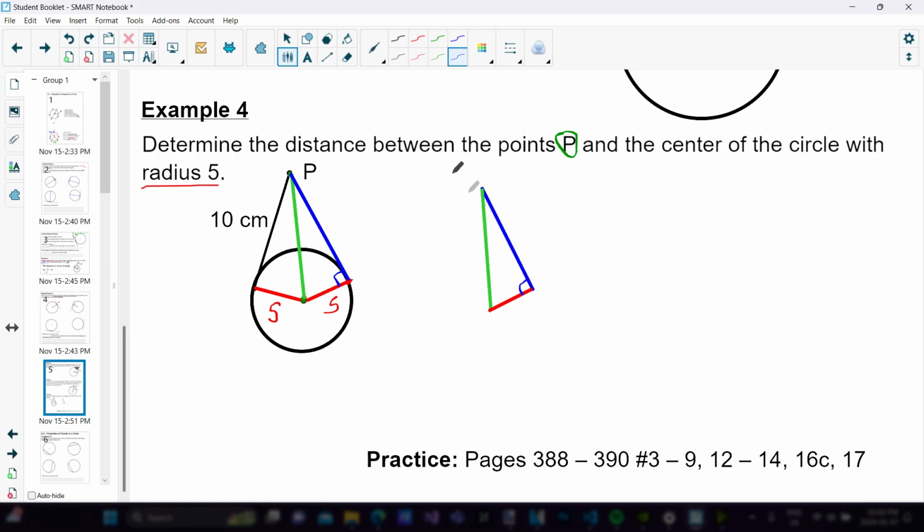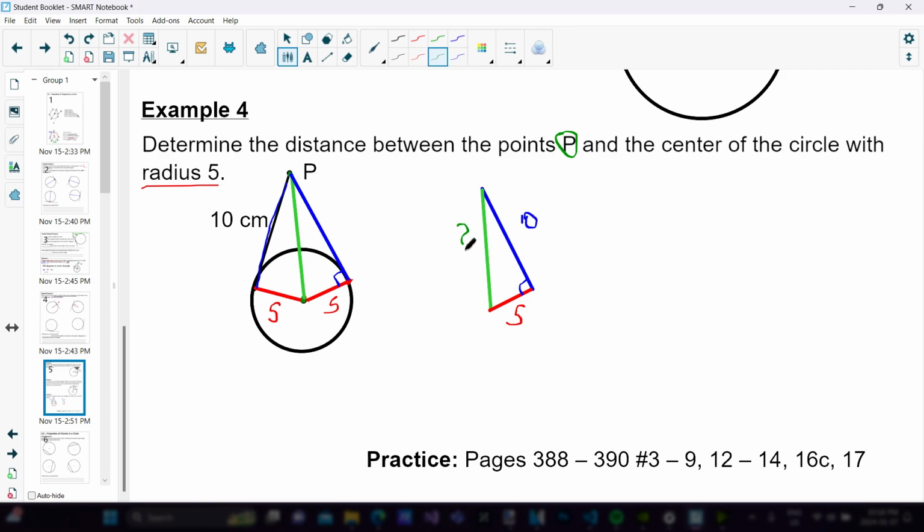This is a right angle triangle. I know this length is 5. What's the length of this blue line? Well, we learned from our first theorem that if this side's 10, this side also has to be 10, because both of these lines are tangents and they touch the same point. So this is 10.